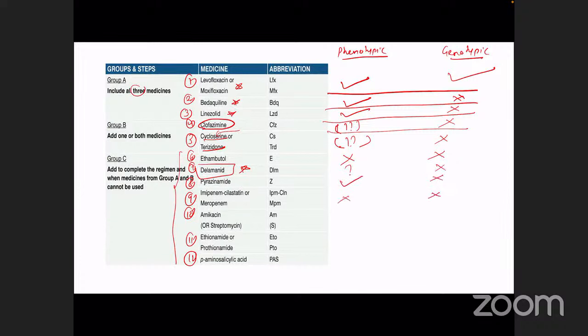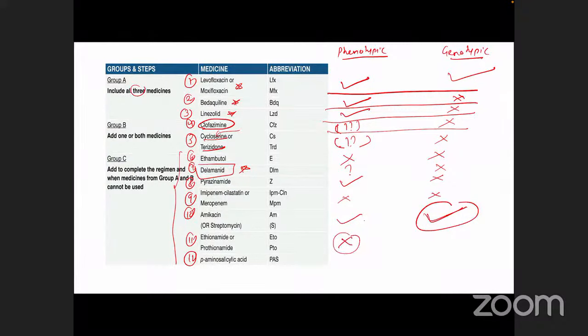For this, you have, I would say, a genotypic method available. And to some extent, this is also available. But we frequently use the genotypic method for detection of amikacin resistance. For ethionamide, you do not have any phenotypic method, but yes, it is available for some resistance. And for this, nothing is available. So this is very, very important.